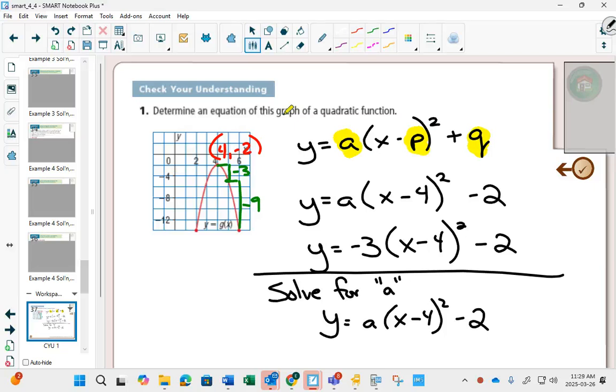If you know a point on your graph and you're like, oh, they labeled a point right here. That point is at 2, -14. Any point on the graph other than the vertex. An equation of a graph says if a point is on the graph, it makes the equation true.